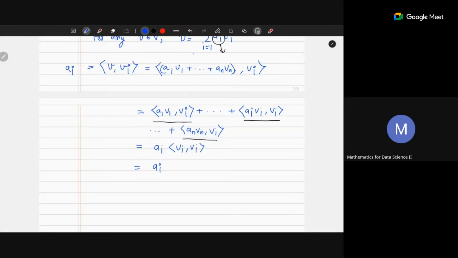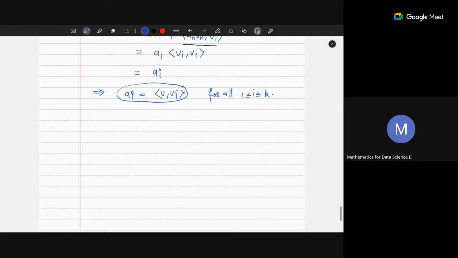So we have noticed that ai is nothing but the inner product of the vector with bi, for all i from 1 to n. So that's where working with an orthonormal basis is more convenient than working with an arbitrary basis, because you can express your coefficients in terms of the inner product.